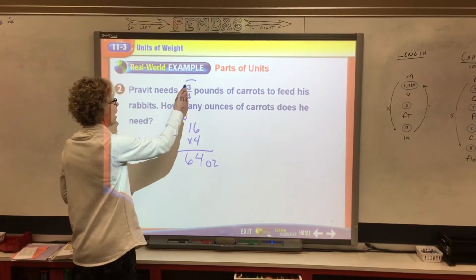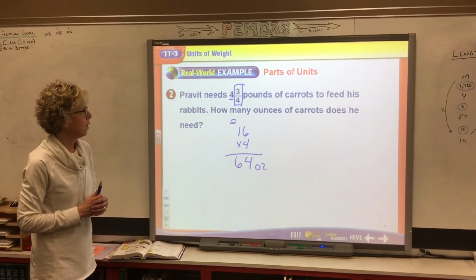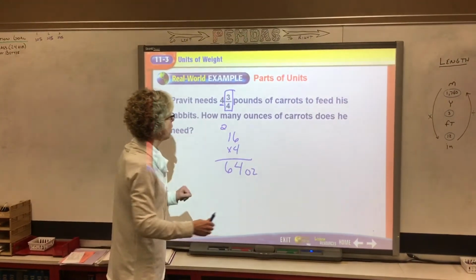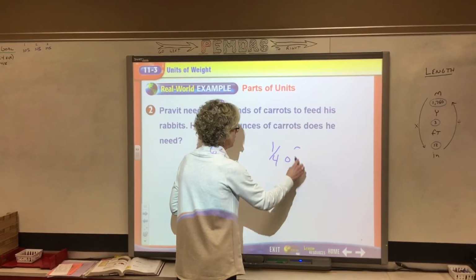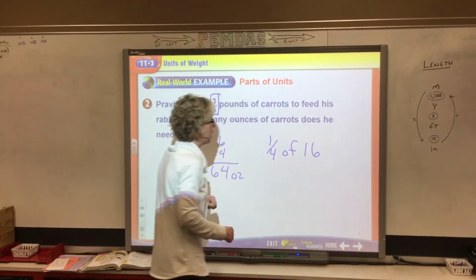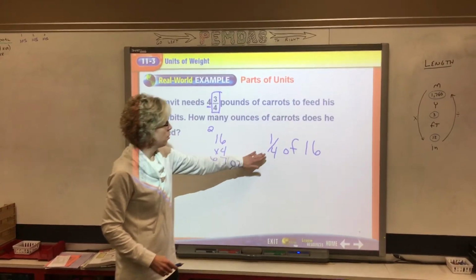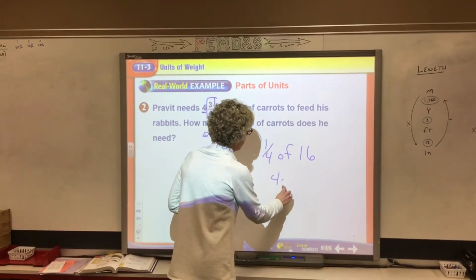Now we have to figure out this 3/4 of a pound. When you've got a fraction like that, what I would suggest doing would be to figure out what 1/4 of 16 is. To figure out what 1/4 of something is, you would divide by 4. 1/4 of 16 is 4 ounces.